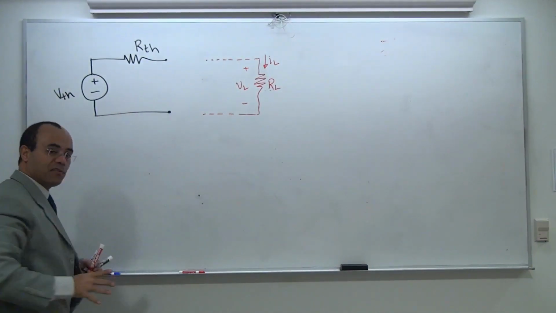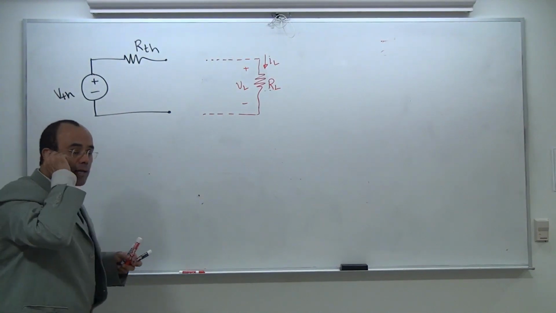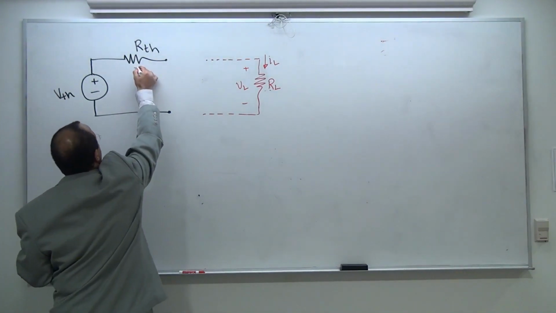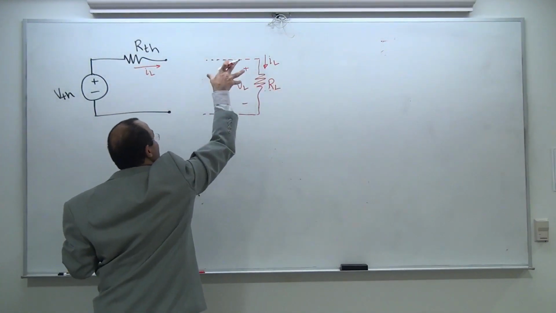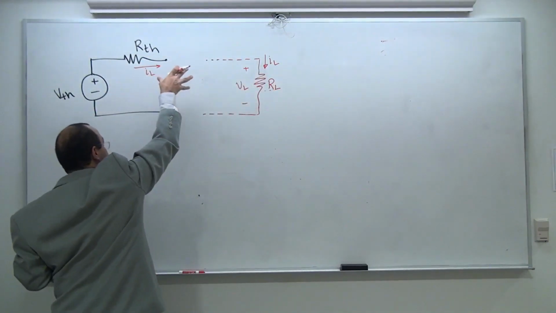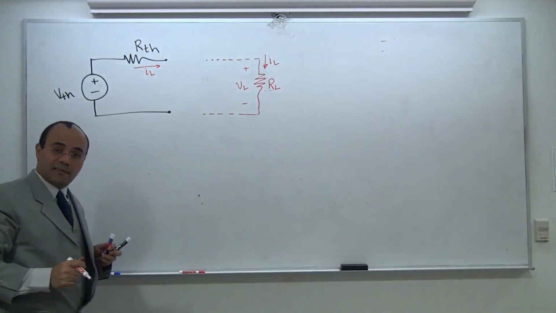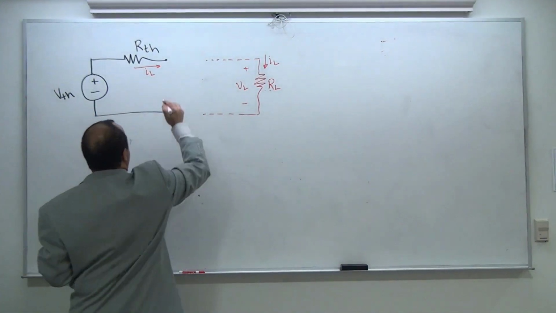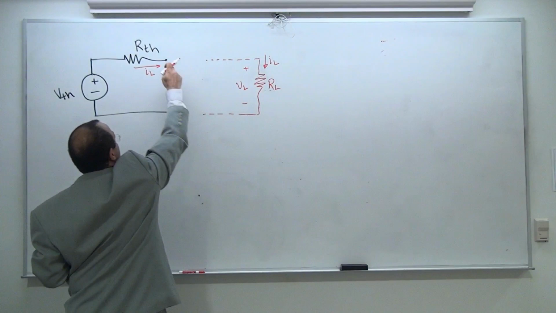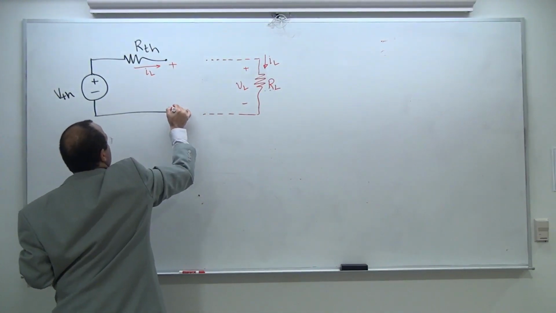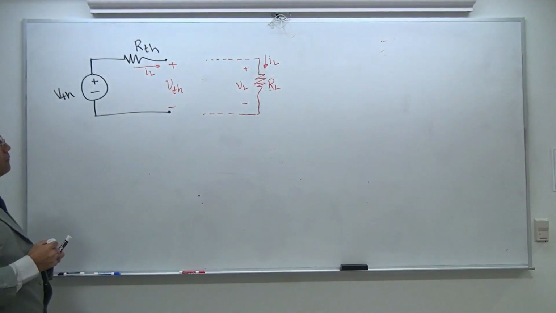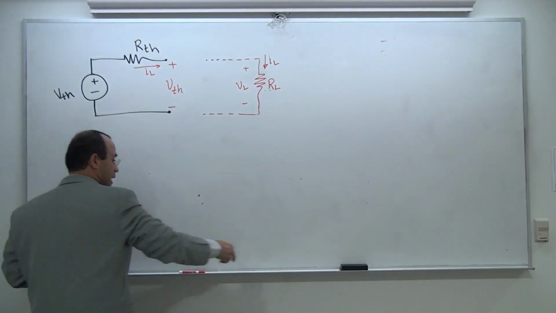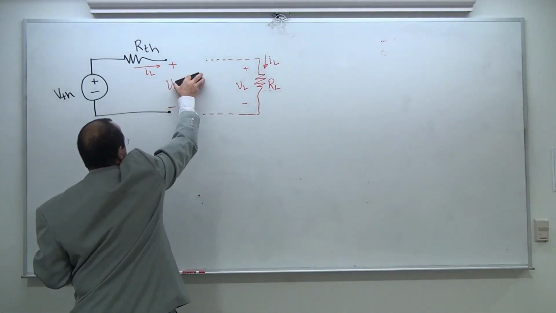Eventually, in this simple structure, you can see that IL is coming from here. When you load this, IL exists. And as it goes, this is in parallel with this, so I'm going to see this one as V Thevenin. VL, I'm sorry, VL.